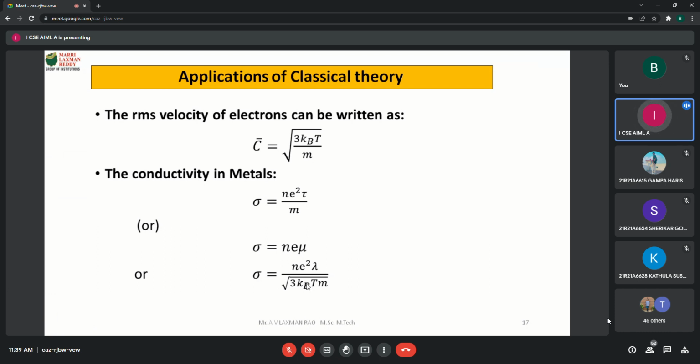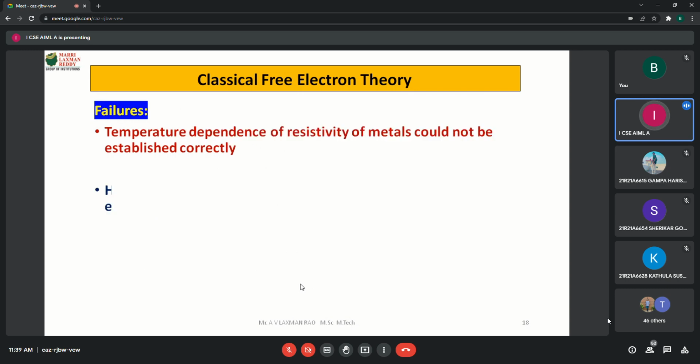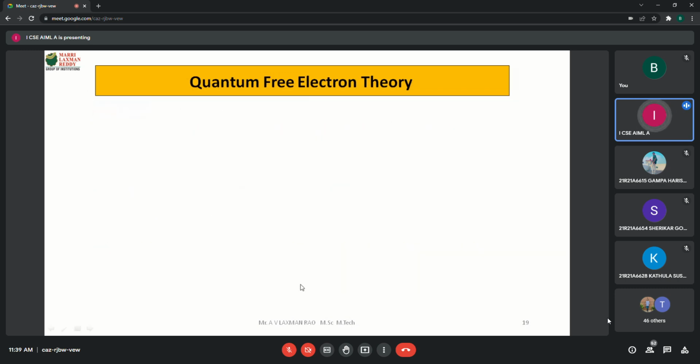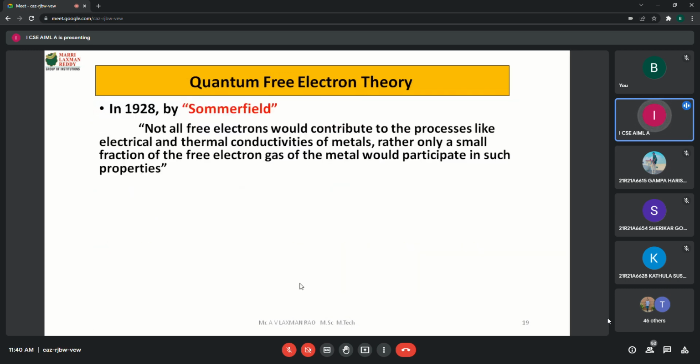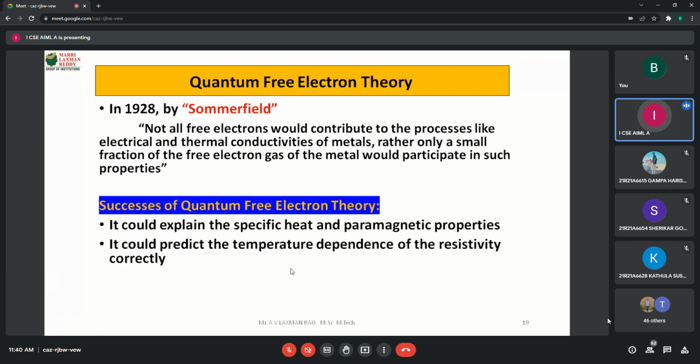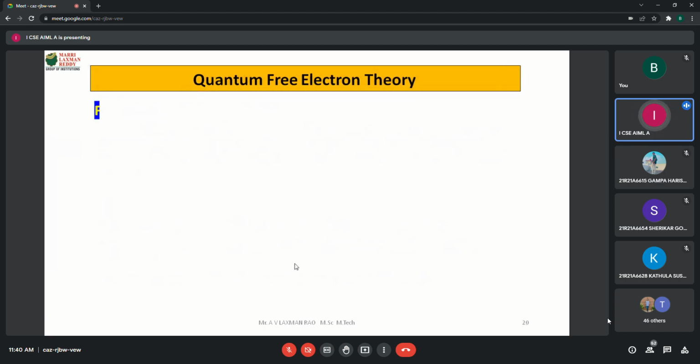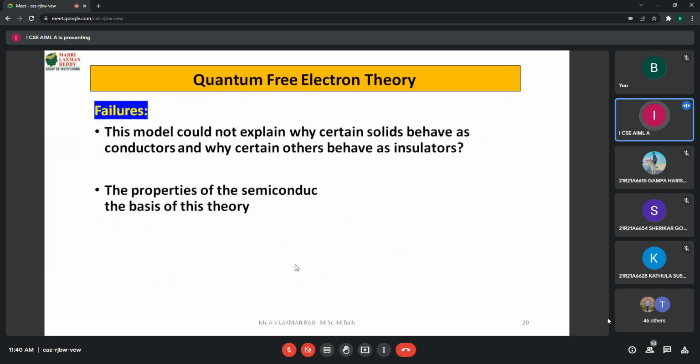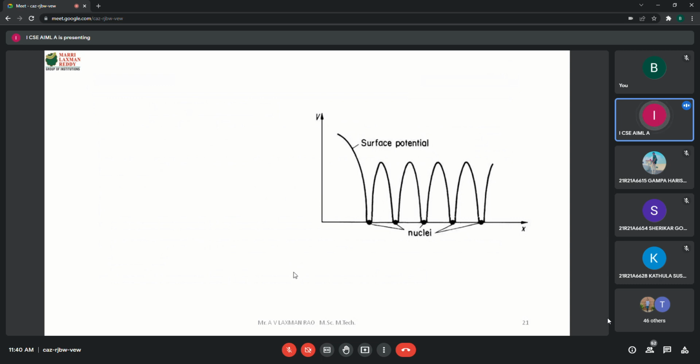So that is about the classical free electron theory. In the quantum free electron theory, some modifications were made. Not all the charge carriers, the electrons, are responsible, but only the electrons at the Fermi level are responsible for electrical conductivity. That was the small suggestion made to the classical free electron theory.